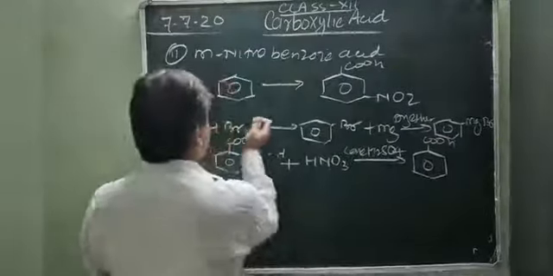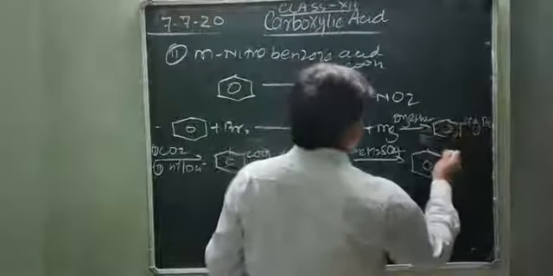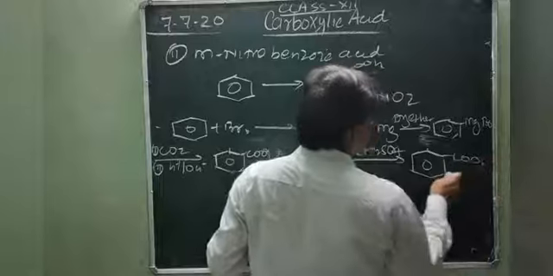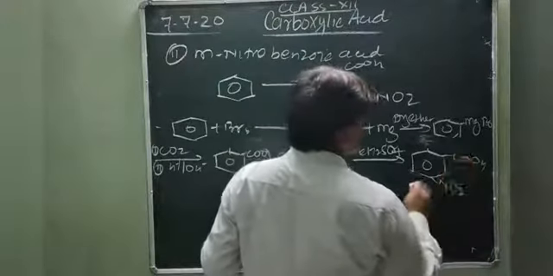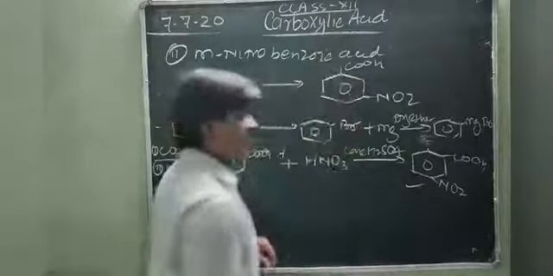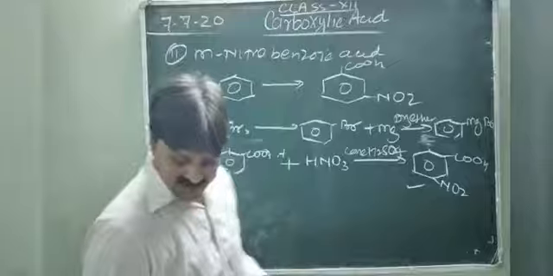Here is COOH, this is ortho, and this is meta. This is NO2. So this is meta-nitrobenzoic acid. You can prepare it. Clear? Next question.